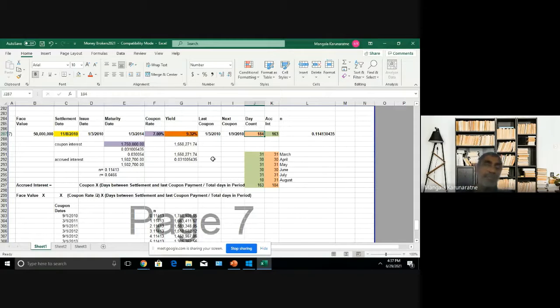So if I am the seller, I should get interest for 163 days. Straightforward calculation: if 184 days gives you 1,750,000, what is the amount that you will be getting for 163 days? So straightforward calculation, you get 1,550,271.74.